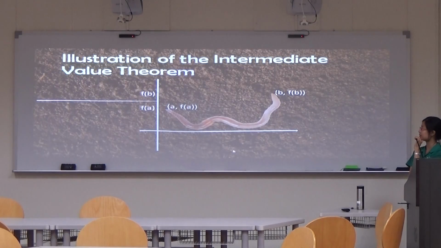And here is another example to illustrate the intermediate value theorem. An earthworm must be continuous. Don't tell me that we break it in half, not yet.